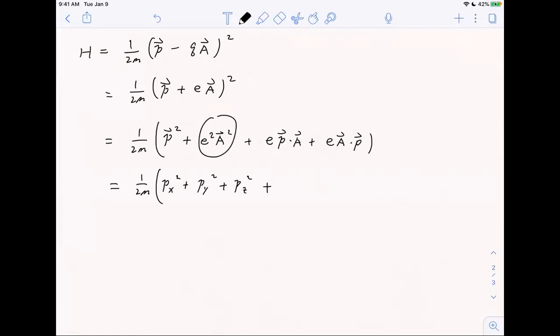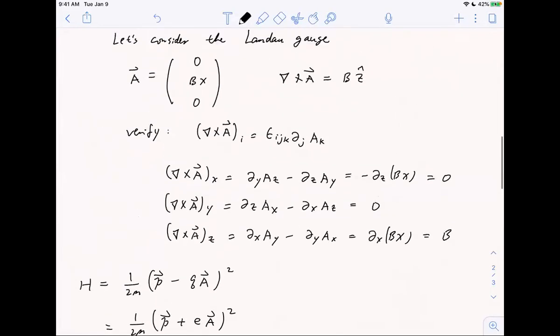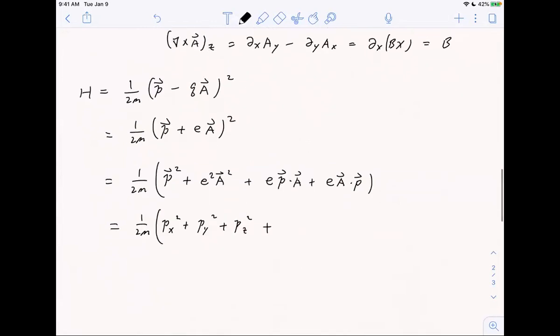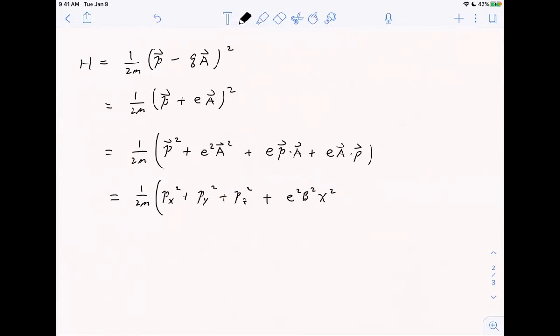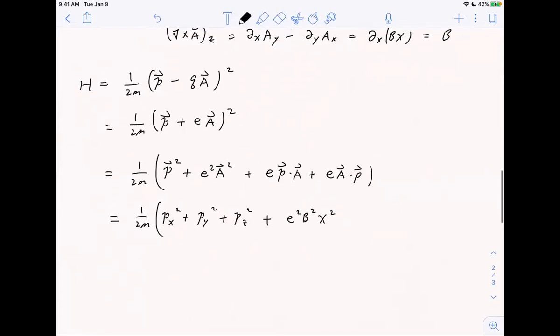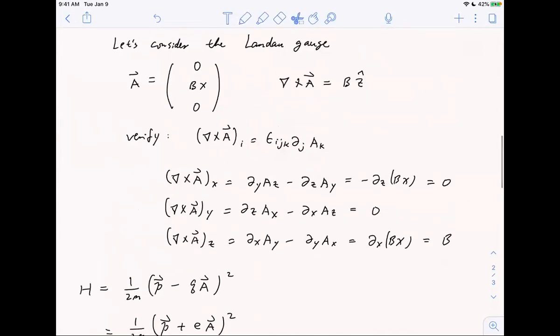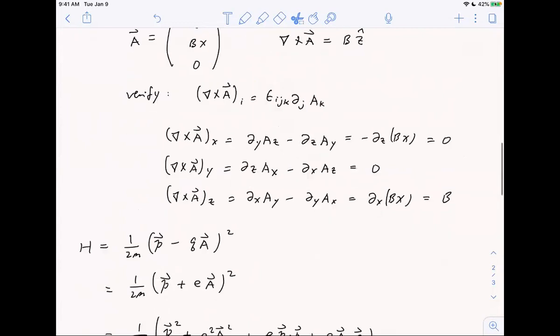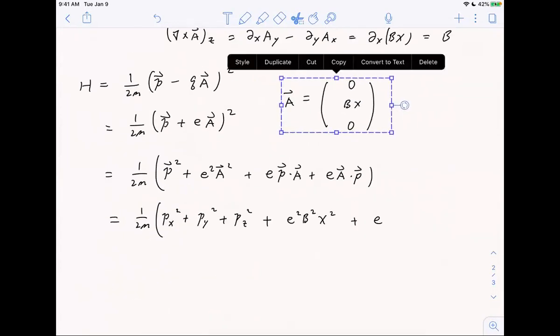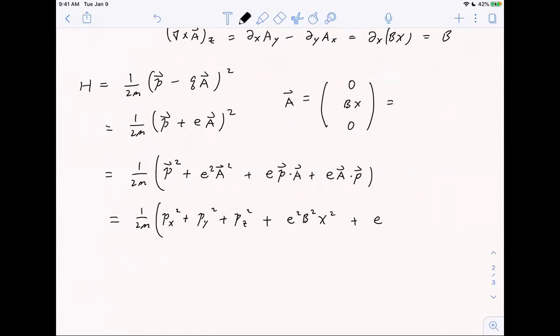And this one, A squared, is just this Bx. It's just Bx, so this is just B squared x squared. And basically, this one is just equal to A y.